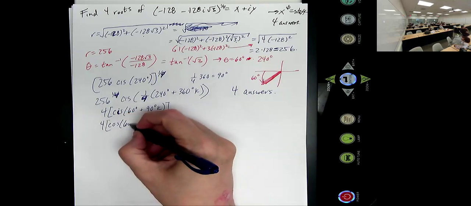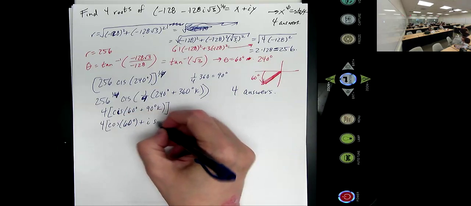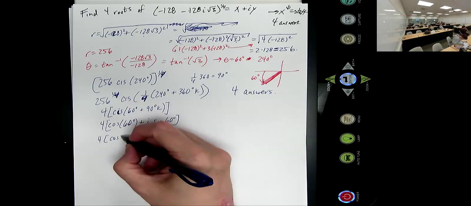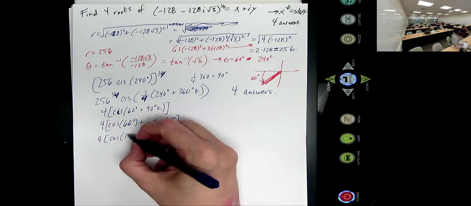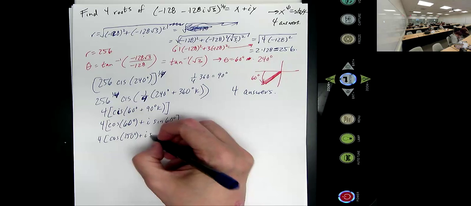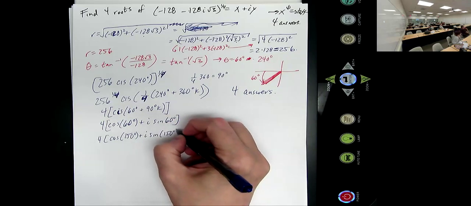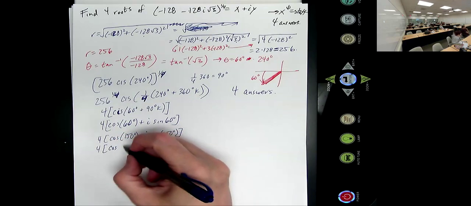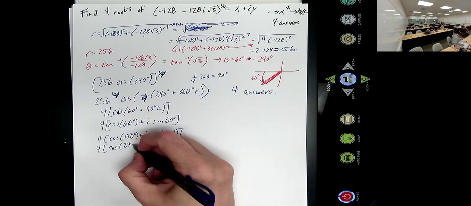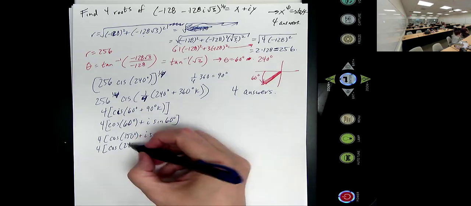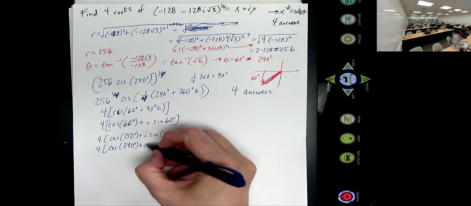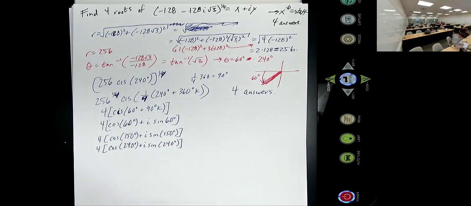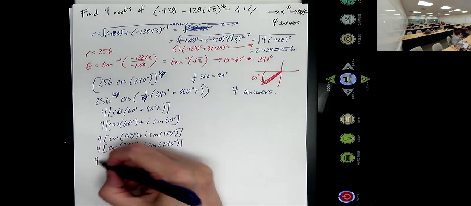And then I'll switch over, it's 4 cosine 60 plus I sine 60. 4 cosine, we're gonna add 90 degrees each time, 60 plus 90 is 150. Another 90 puts us at 240. And 90 is 330.